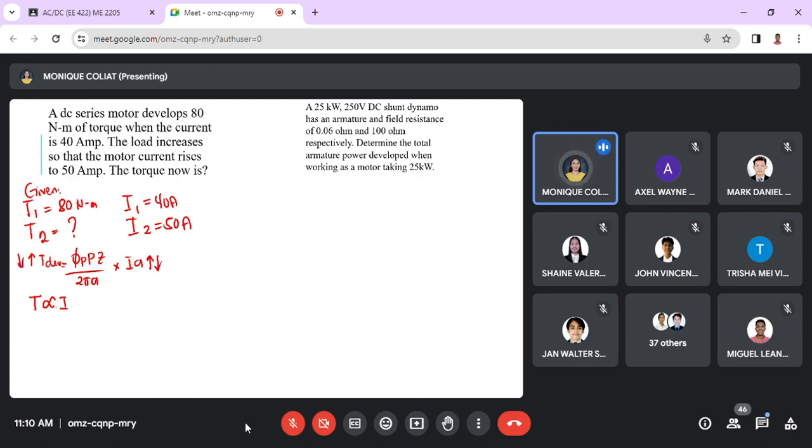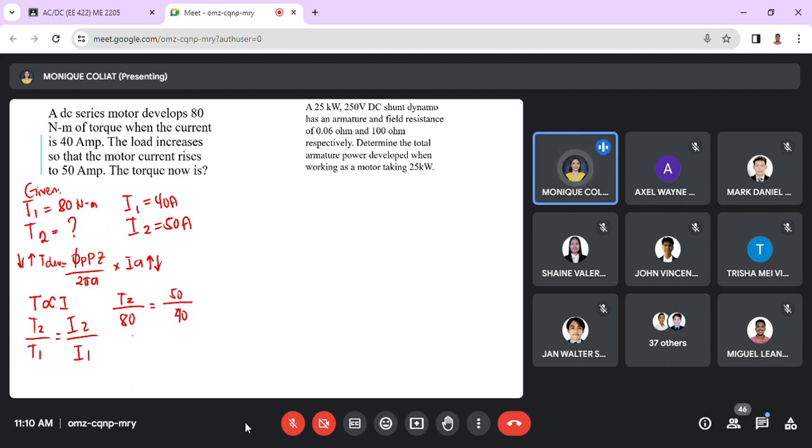So, that means we can have our equation, which is T2 over T1 equals I2 over I1, right? Okay, so let's substitute the given parameters. T2 is alone, T1 is 80 Newton meter, I2 is 50 ampere over 40 ampere.